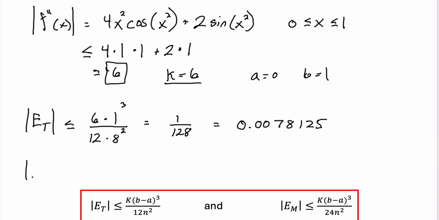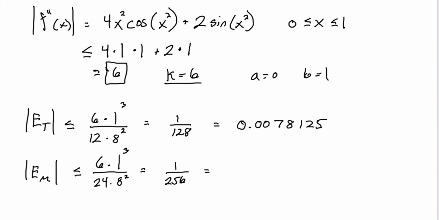And then the error bound for the midpoint rule, we have 6 times b minus a is just 1, again cubed, divided by 24 times 8 squared. This will give us 1 divided by 256.